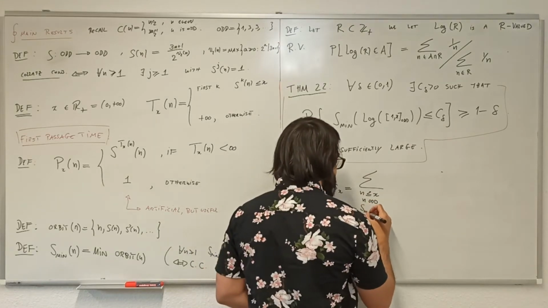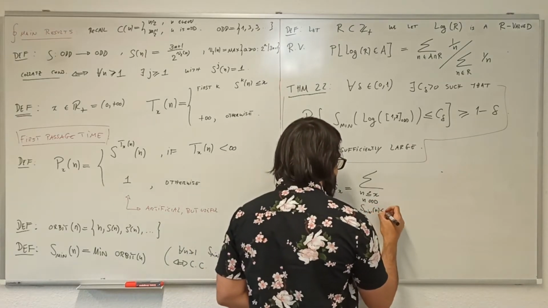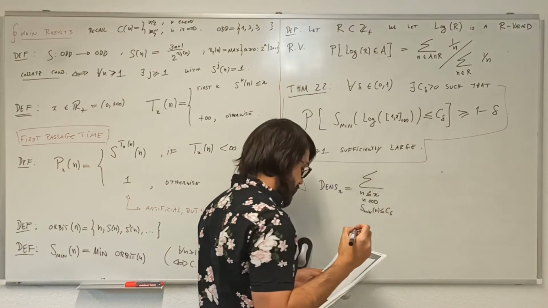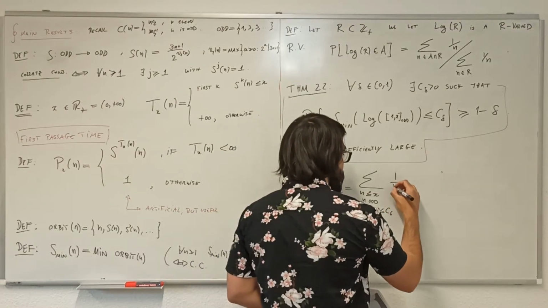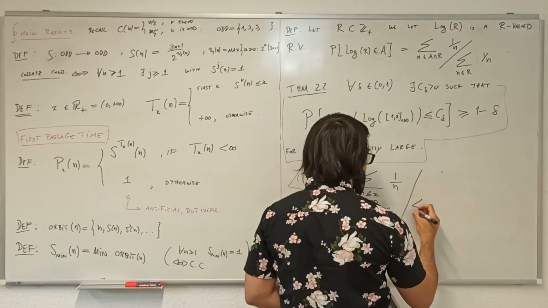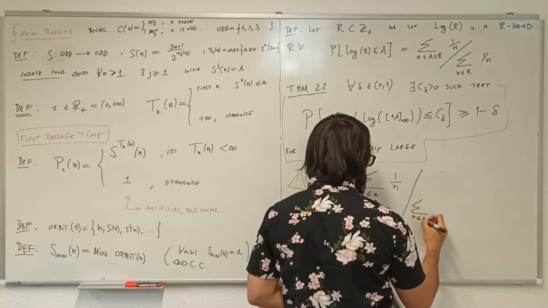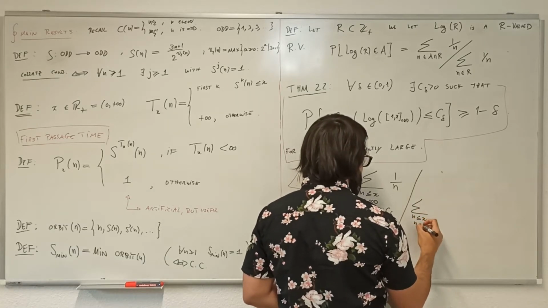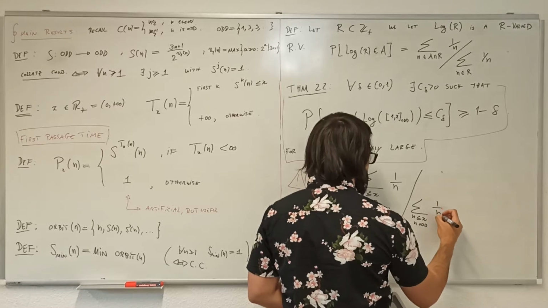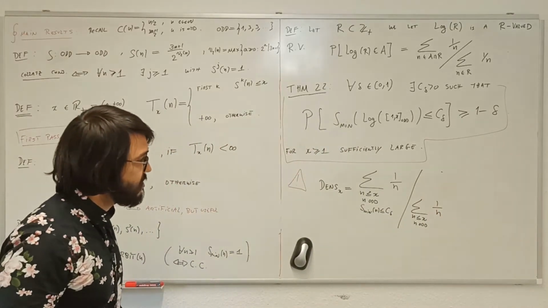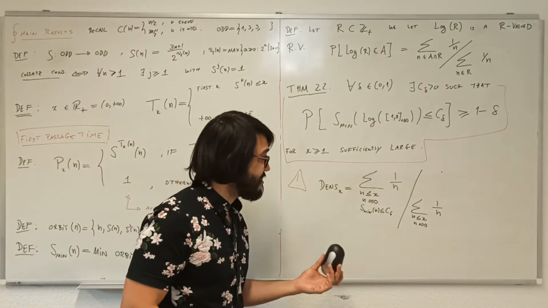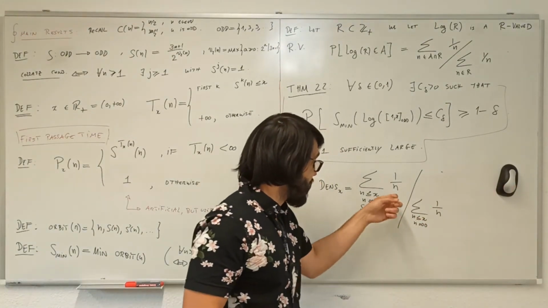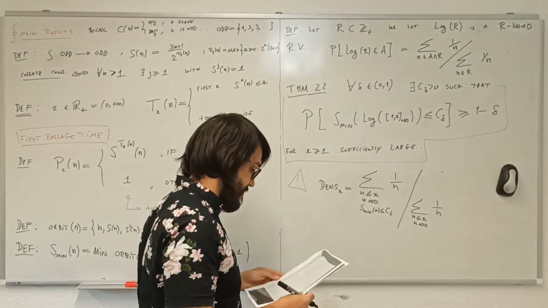And S min of n less or equal than some constant C delta. And I'm doing 1 over n and dividing this whole thing just by this. Let me do this density, which is the same as before, but instead of counting integers, it's counting 1 over n.